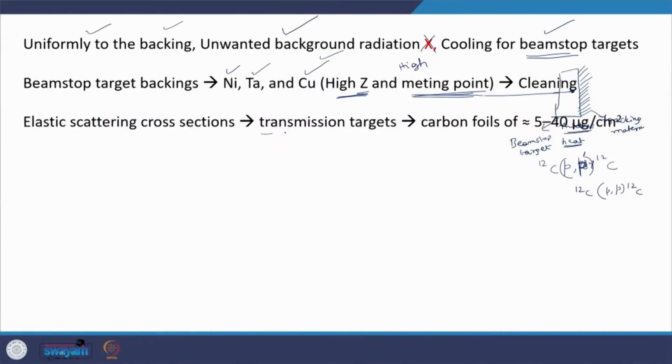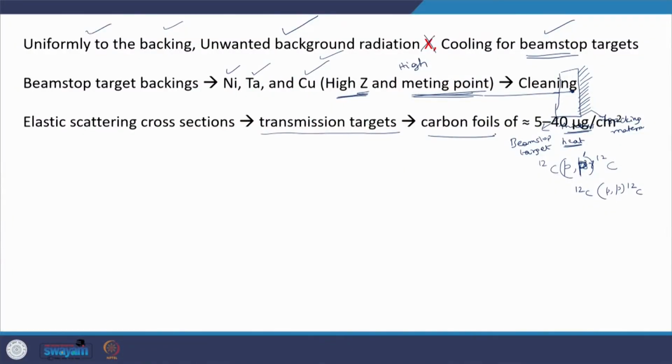Transmission targets are preferred when elastic scattering cross sections are planned, because if we go for the beam stop, then the probability of getting more counts of the elastically scattered particles will be less.